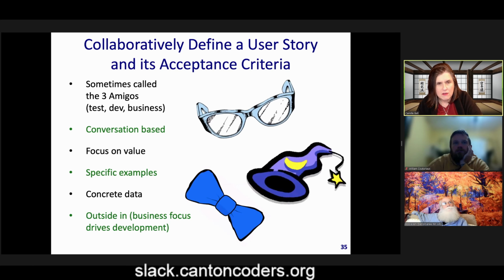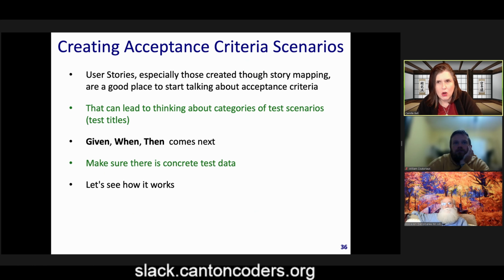Again, the Three Amigos approach, we've mentioned that before. There's lots of good ways to work on figuring out what your real requirements are. I like story mapping. That is basically walking people through how your features are going to get used by your customer.